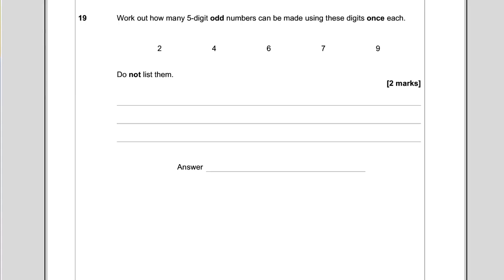Question 19. Work out how many 5-digit odd numbers can be made using these digits once each. Do not list them. Okay, so we've only got 2 odd digits here.